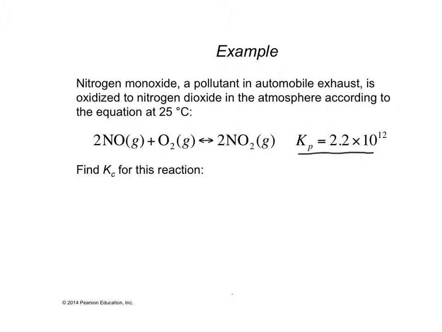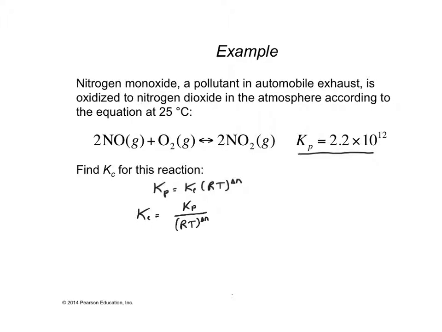So we're going to use our little equation that we just derived, that Kp is equal to Kc times RT raised to the delta N, and I'm going to rearrange this to solve for Kc. So Kc is equal to Kp over RT delta N.